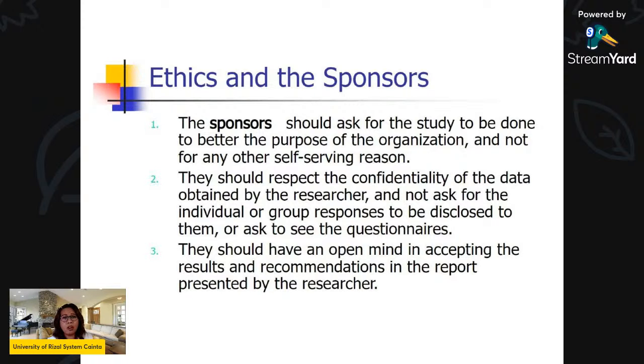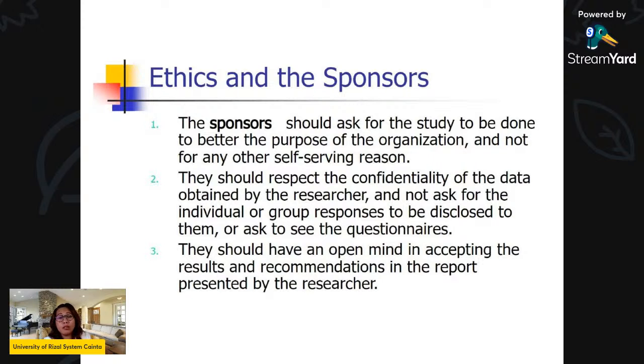It has a respect of confidentiality. Although they are the sponsor, they should be secured in that process. Kahit sila pa rin yung sponsor at sila yung nagpapa-acquire sa inyo na gawin yung survey, there are still processes that involve a confidential issue. Meaning to say, hindi nyo pa rin pwedeng ibigay o disclose ang information.